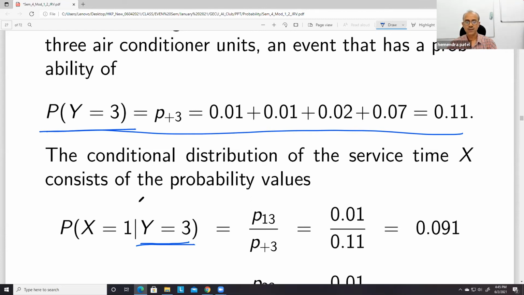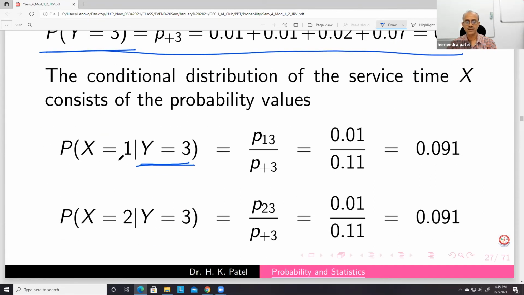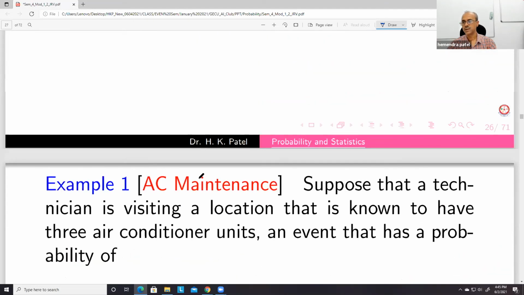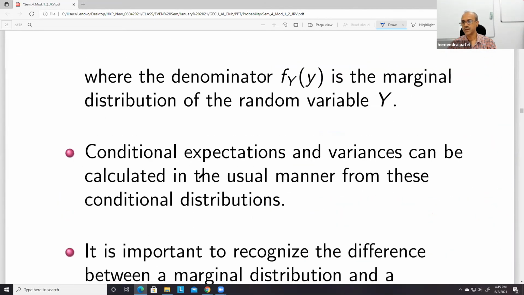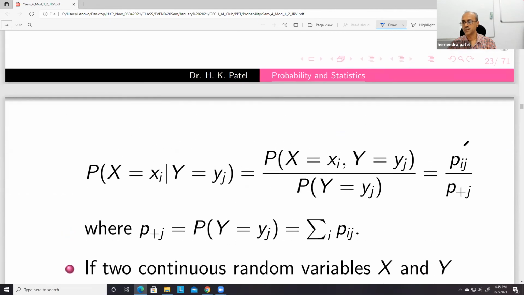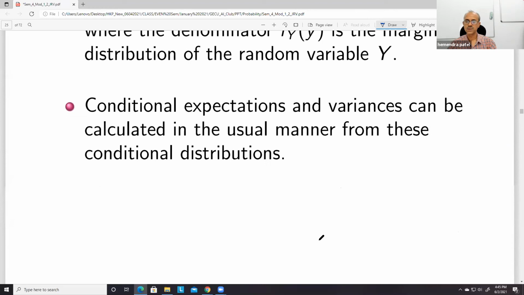Now, if you want to find P(x is equal to 1 given y is equal to 3), x is equal to 2 given y is equal to 3, x is equal to 3 given y is equal to 3. So x is equal to 1, y is equal to 3 will be Pij upon P plus j, where y is the condition.